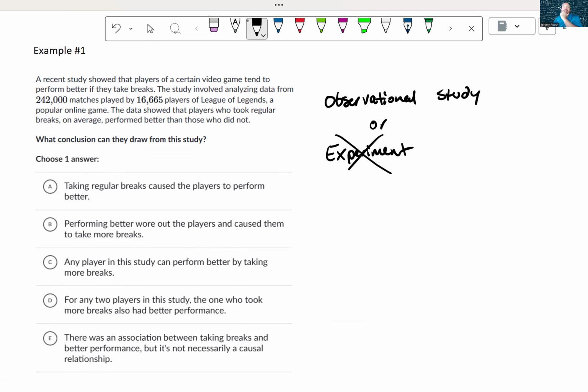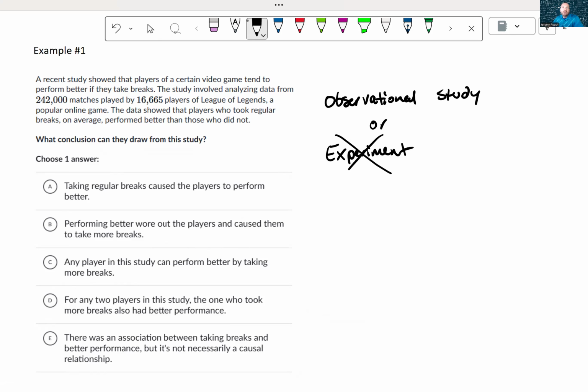But because it's an observational study, that means that there could be other explanations of why people who took breaks did better. One example might be that people who are better might naturally take more breaks. Older players might take more breaks, which means they also might be better. More experienced players might take more breaks.